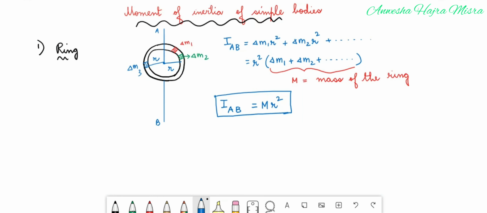Now if we extend this idea to a disk, we are going to find the moment of inertia of a disk.